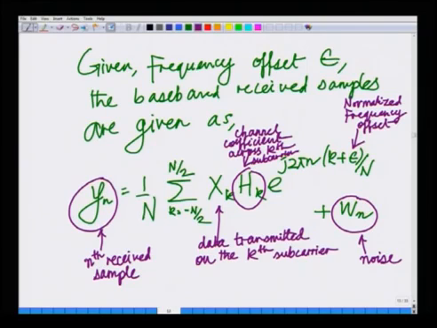Now, to verify this equation, let us set epsilon equal to 0 and see what happens. I want to show you that it reduces to the same OFDM system that we had previously.